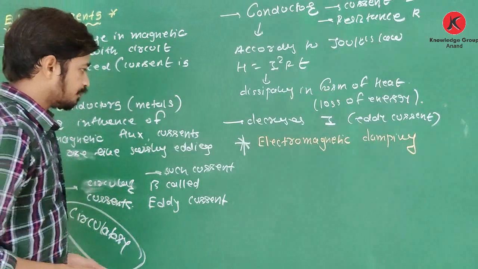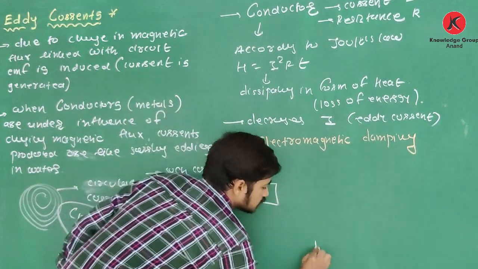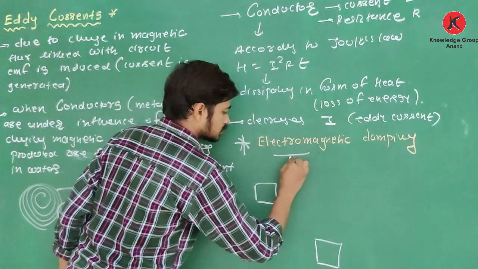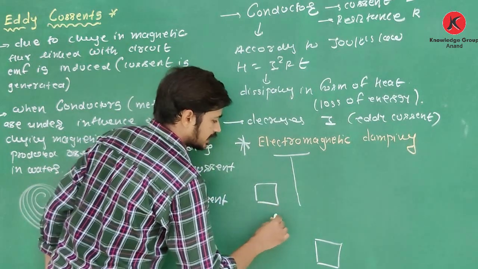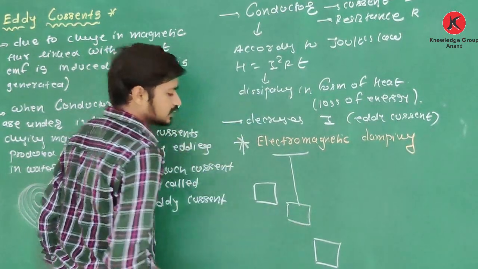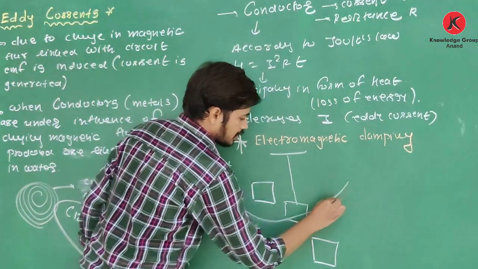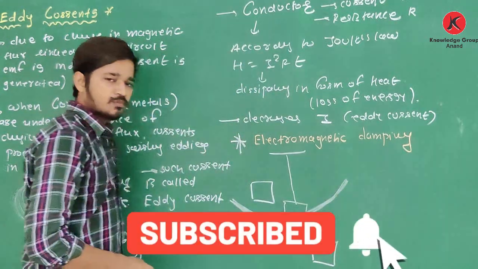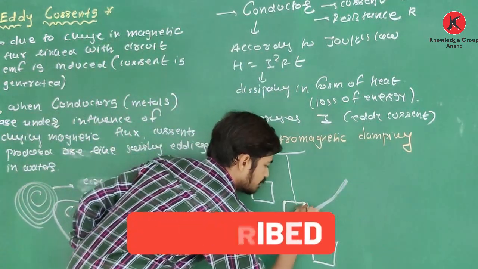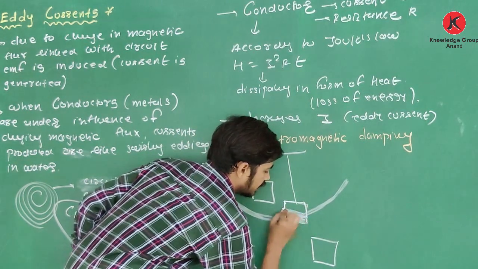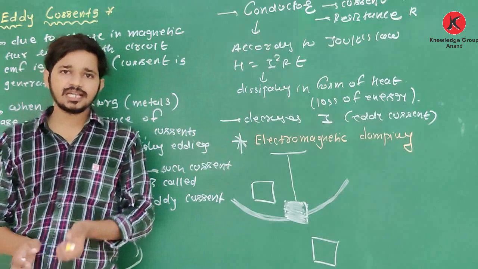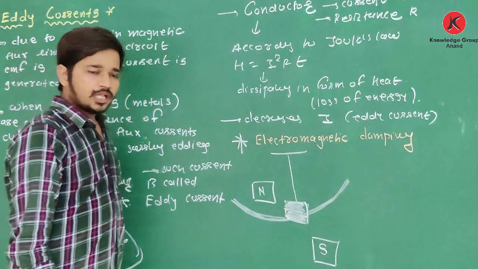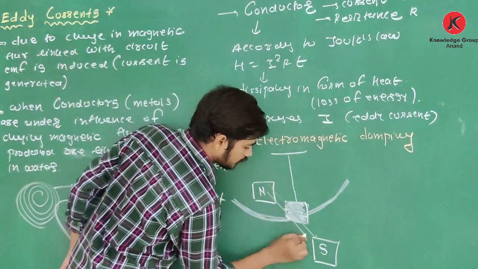If I have two strong magnetic poles like this, between these two magnetic poles there is one plate made up of conductor, which is oscillating. Clear about this? These are two poles, the North Pole and the South Pole. So the magnetic field is only in this region.